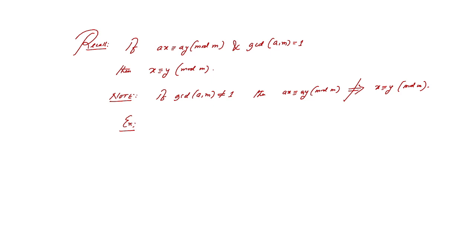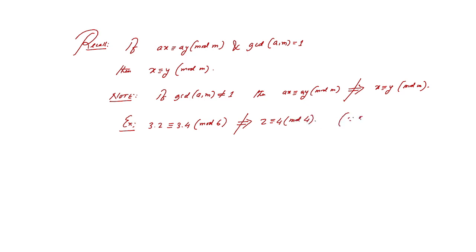If you need an example, you can say 3 times 2 is congruent to 3 times 4 mod 6. But if we remove 3 from both sides, that does not imply 2 is congruent to 4 mod 6.